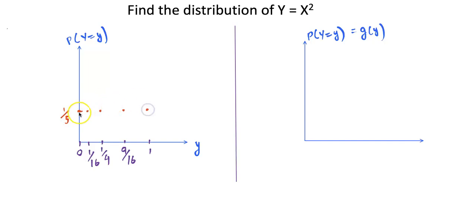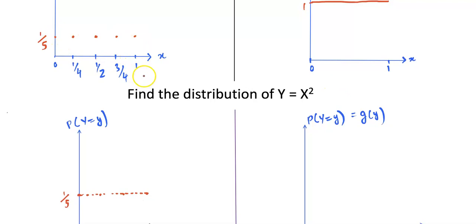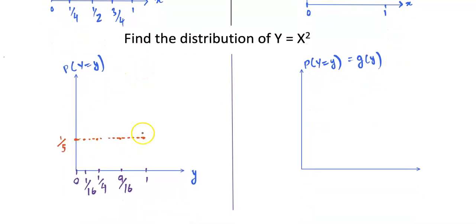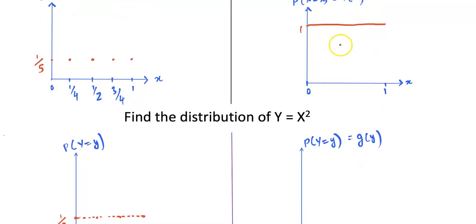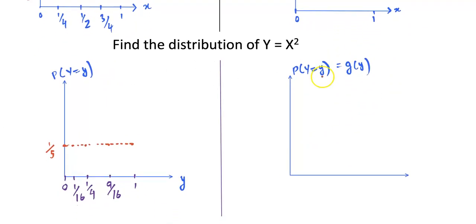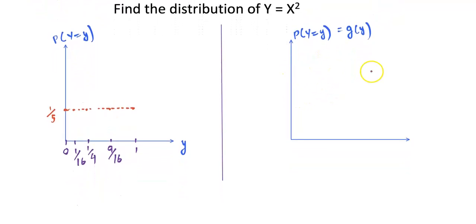And if we were to join the dots, this would probably look like a straight line. So one might expect that when you square the random variable, you get a straight line. Similarly, you had a straight line here, and so maybe when I square it, I'm still supposed to get a constant value of y.